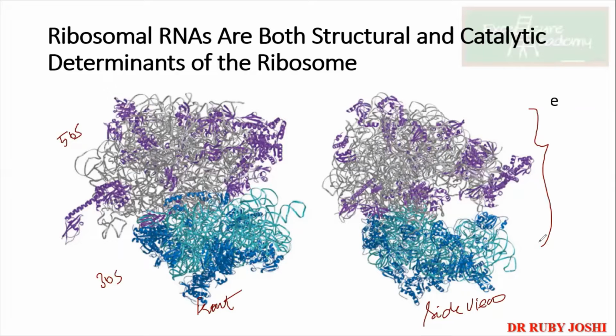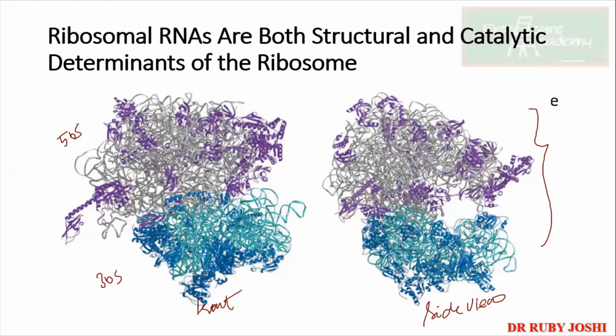Yes, Tanvi, what do you think? In the front view we cannot make out much, but in the side view we can understand something. So what can you understand from this figure? Anyone? Shruti, would you like to try? Maybe the active site, the region where the genetic material goes through, which is not seen in the front view.